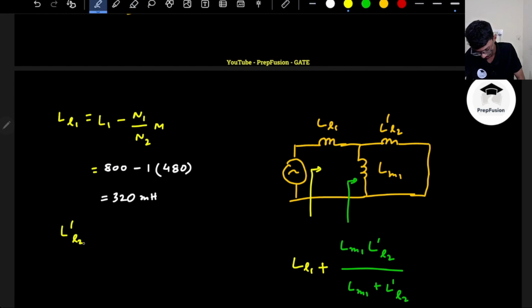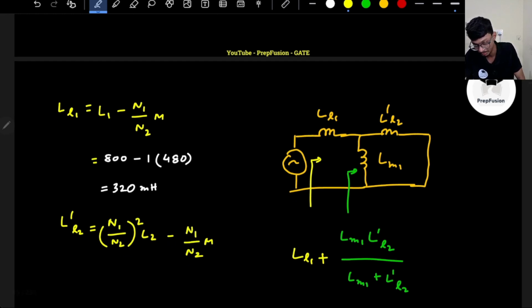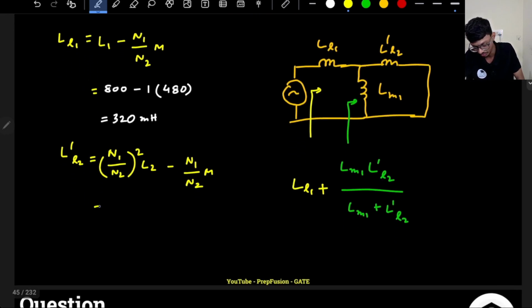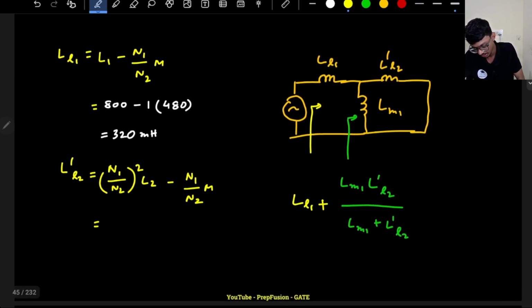Now L dash of L2, of course I have to refer the L2 to the primary. So it will be N1 by N2 whole square into L2, minus the mutual inductance in the primary, that is N1 divided by N2 into M. Anyways N1 by N2 is 1, it does not matter.